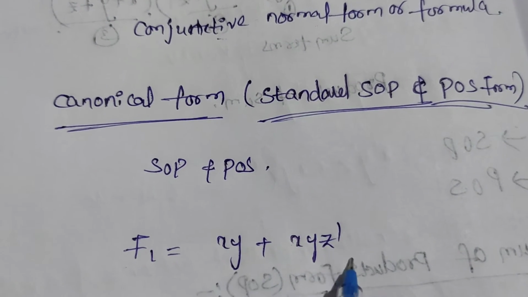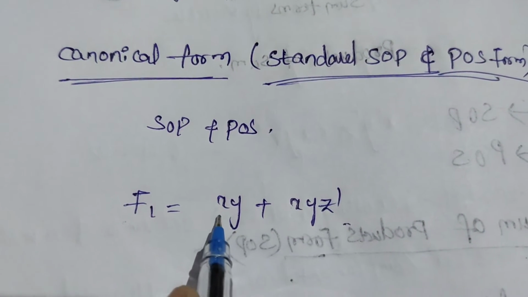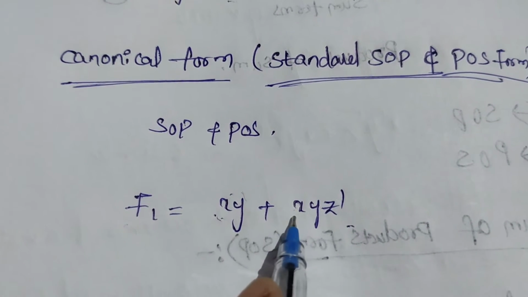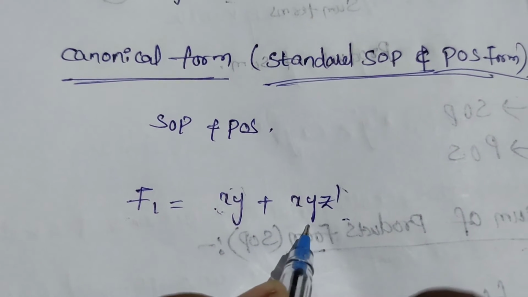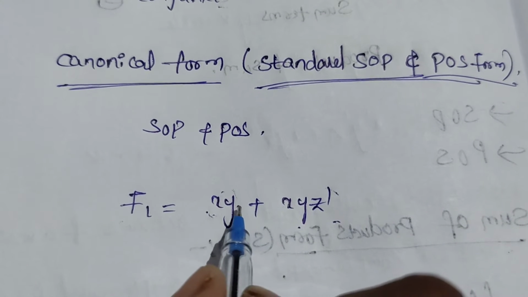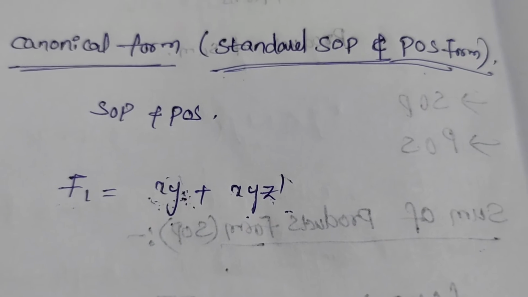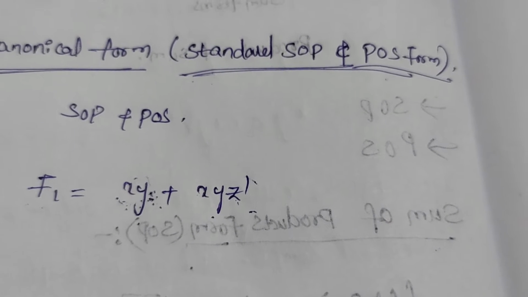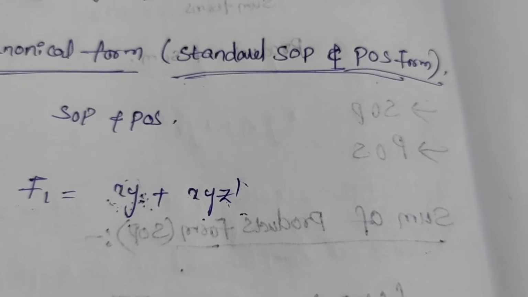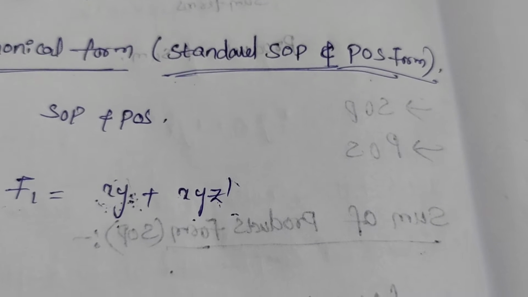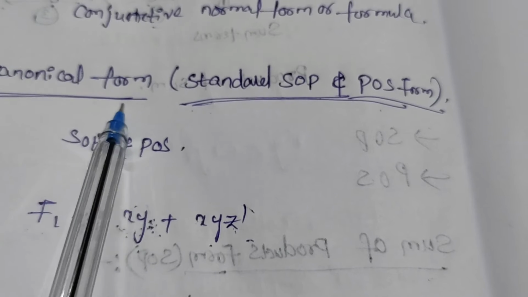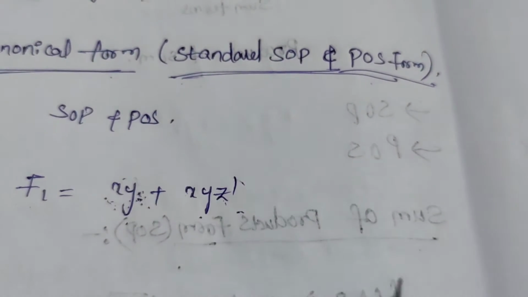It is a 3 variable function. The first term consists of 2 literals and the second term consists of 3 literals. So the z variable is missing in this. The canonical form is nothing but including all the variables, or all the literals, in each and every term. How to include them we will see later.